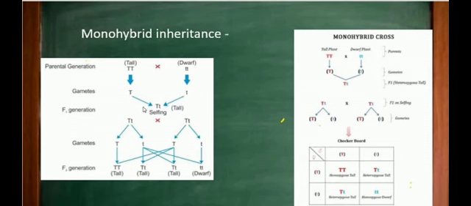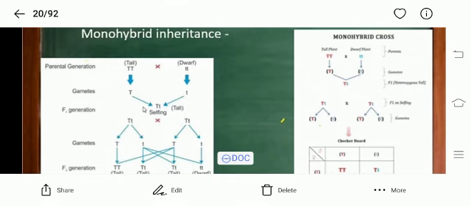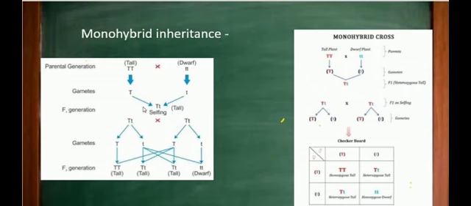Then you fuse the first capital T with the capital T, so you get capital T capital T. Then this small t you fuse with capital T, you get capital T small t. Then capital T you fuse with the small t given in the row, you get capital T small t, and the small t you fuse with small t given in the row, so you get small t small t, that is dwarf.